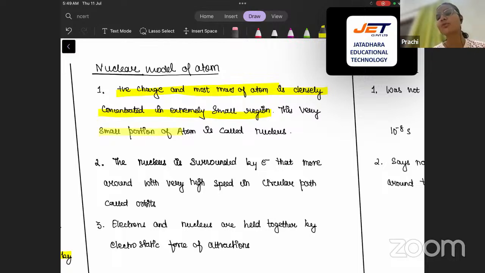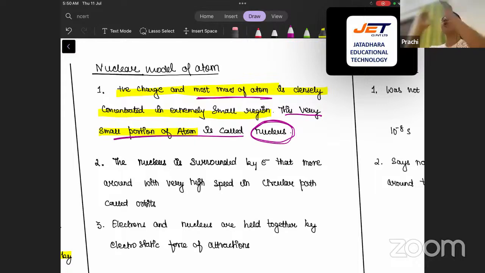And this very small portion of the atom is called the nucleus. So yes, he gave the name nucleus to this densely concentrated charge, the very small portion of the atom where all the mass is concentrated.